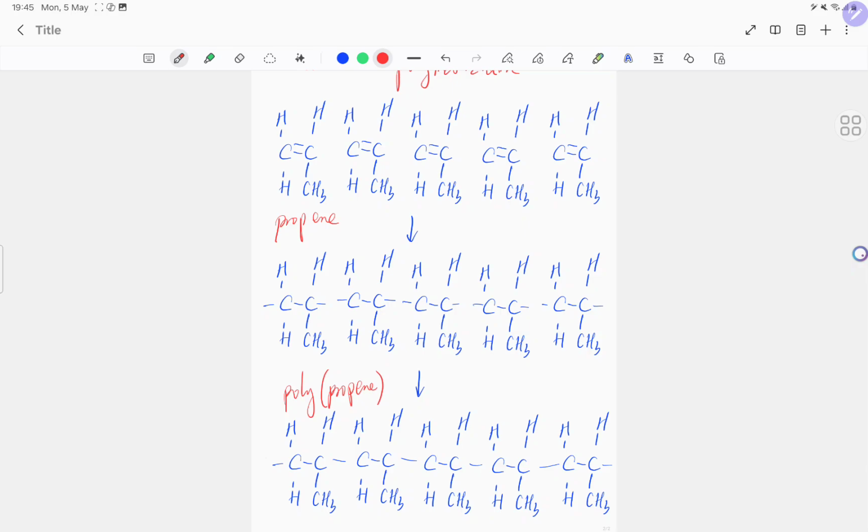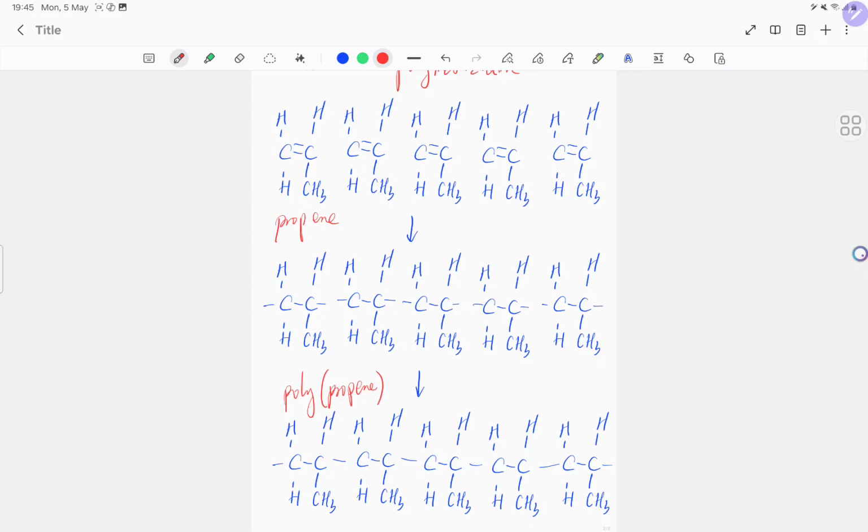If there is more than one double bond, then we don't know which one will be broken, or whether they both break. Okay, so there's only just one. Yeah, because in your syllabus, you only learn about alkene, and alkene has only one CC double bond.